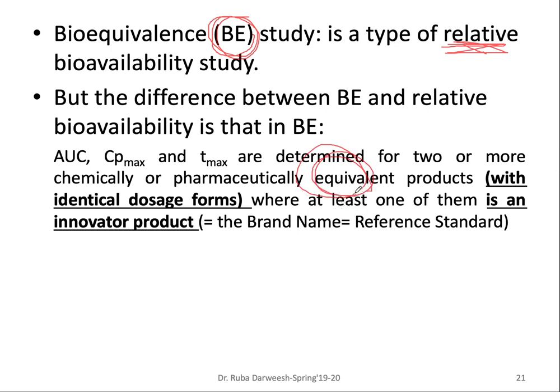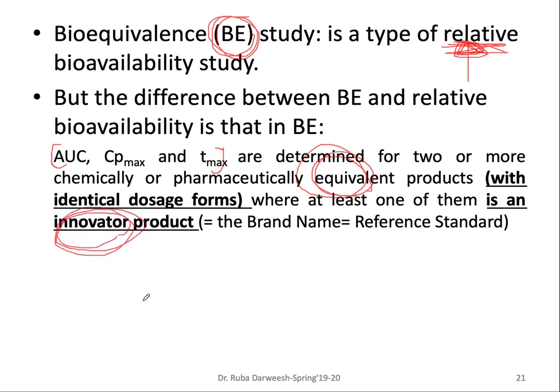Similar to the diagram we mentioned, it's an equivalent product, and we need to know if they are bioequivalent. So we need to have no significant difference in the amount and rate of the drug reaching systemic circulation, comparing different kinetic parameters, with the only difference being that we are comparing to the standard or the innovator.